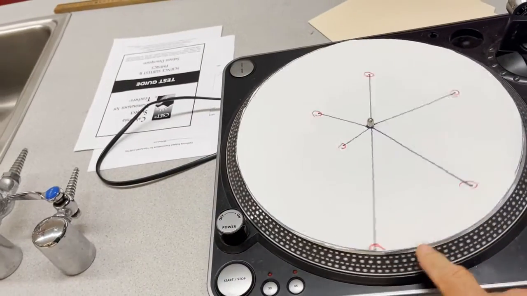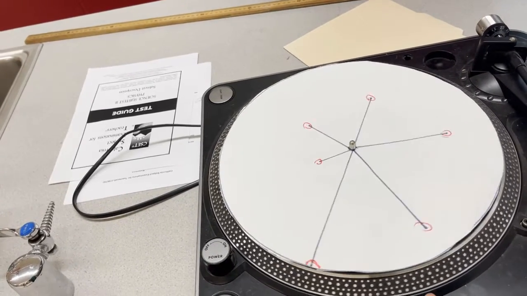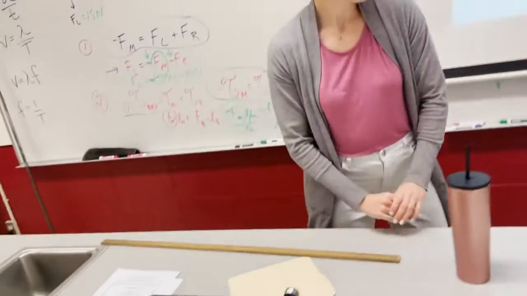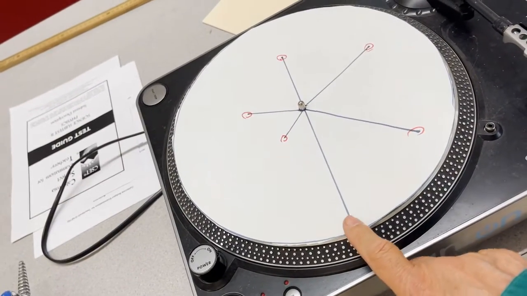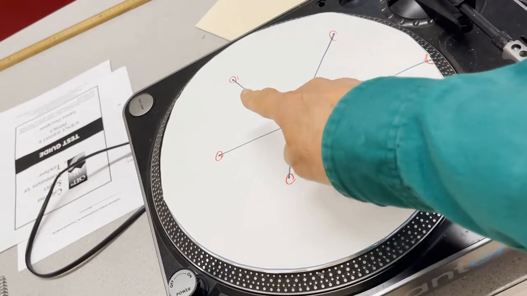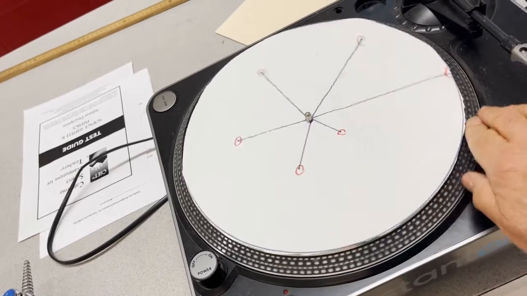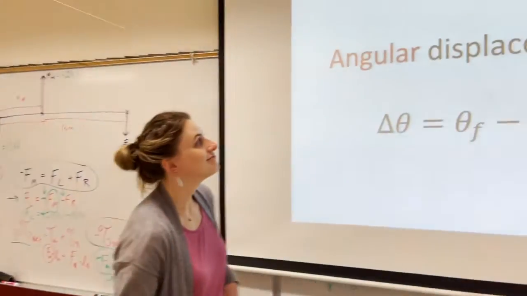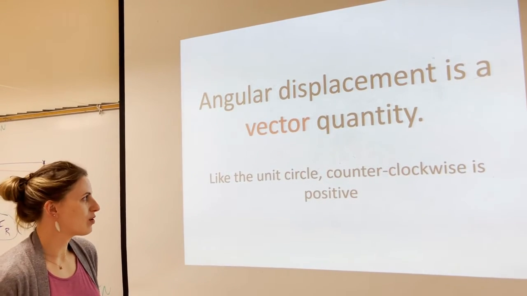You could convert. Or from here to there, that would be 2 pi radians. And it would be the same for every one of these dots. As this one goes a quarter turn, so does that one. Each one has the same angular displacement, even though they might travel different distances.